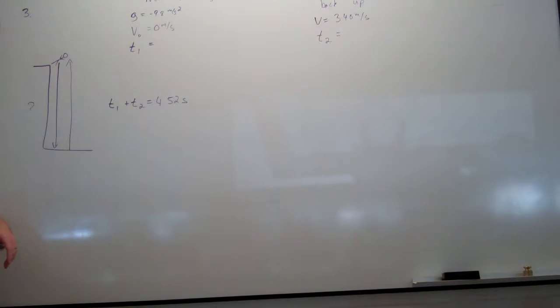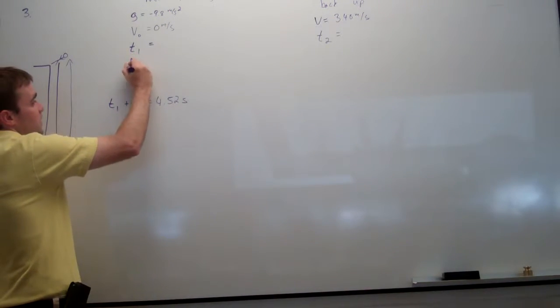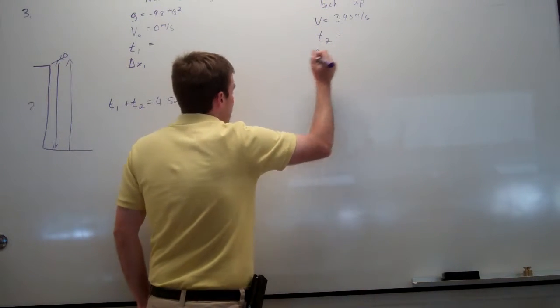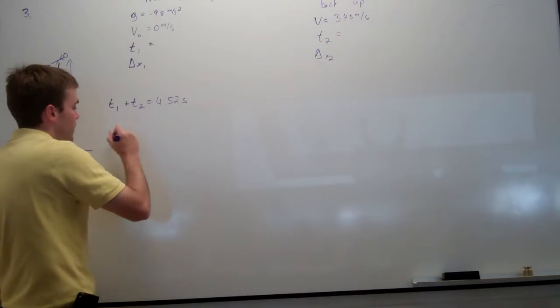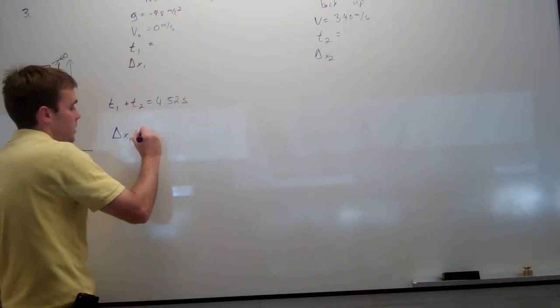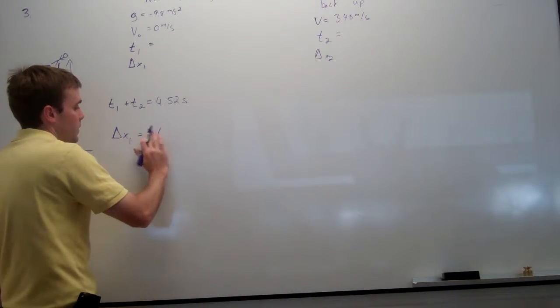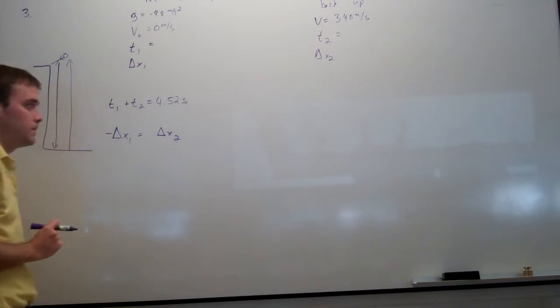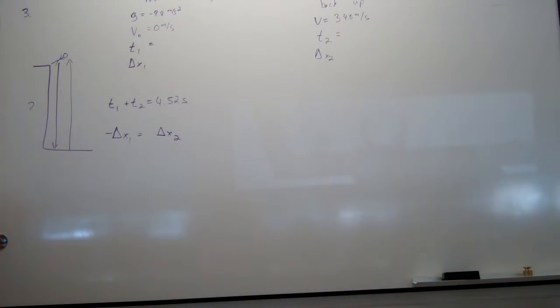What do we know about the 2 distances? They're equal and opposite. So we have, I'm going to call this delta x1, this delta x2. So we also have delta x1 equals negative delta x2. Does that make sense?